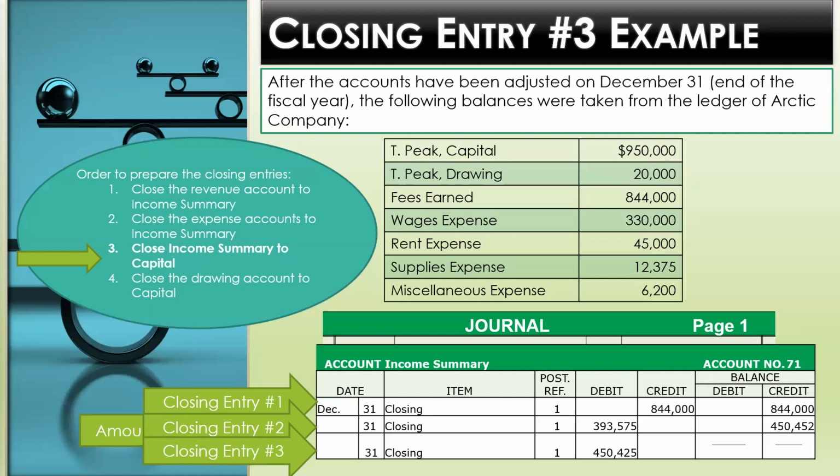So we have that prior credit balance. Now we're going to debit in that same amount of $450,425. When we do that here with closing entry number 3, you can see that this will close out this income summary account. See those lines over there in the balance column? That means we have closed this account.